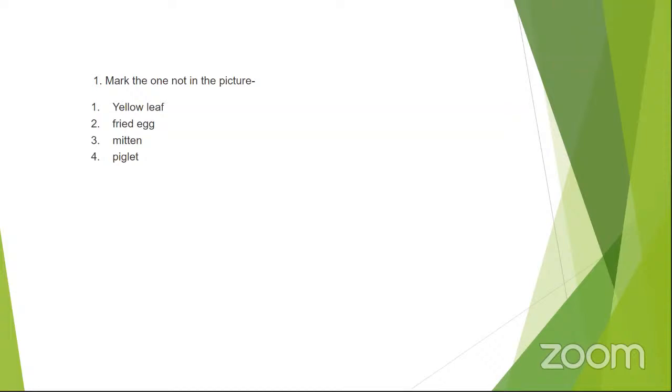Yellow leaf. There was the omelette, so the fried egg. Then you saw the yellow leaf. Mitten. There were two mittens, one yellow, one green. Piglet was not there. Then apart from that, what were the other things you observed?